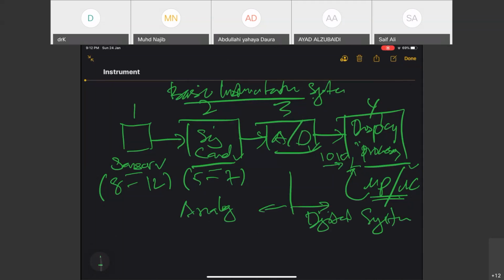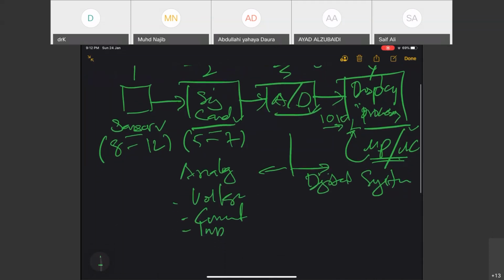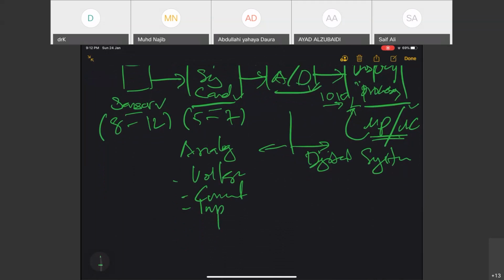So here we are talking about voltage, current, and impedance. I hope you can read my artwork here.